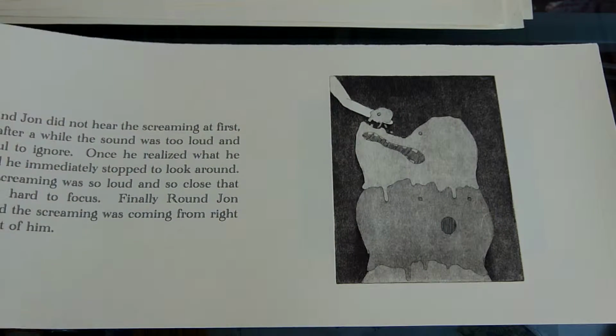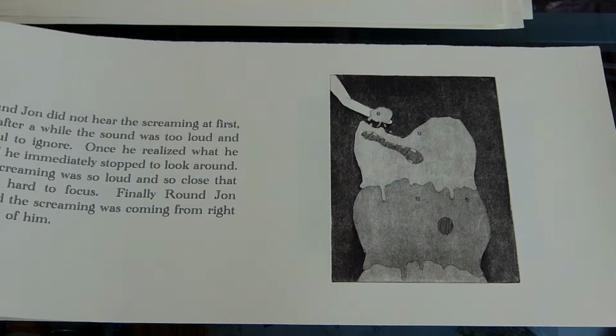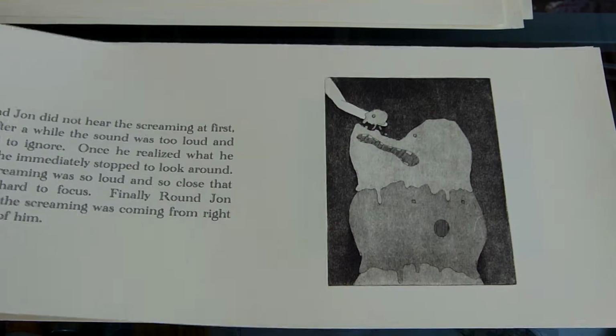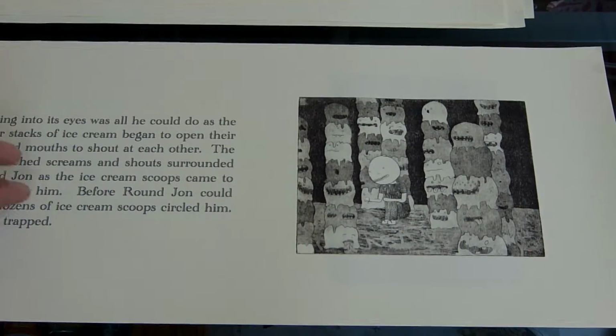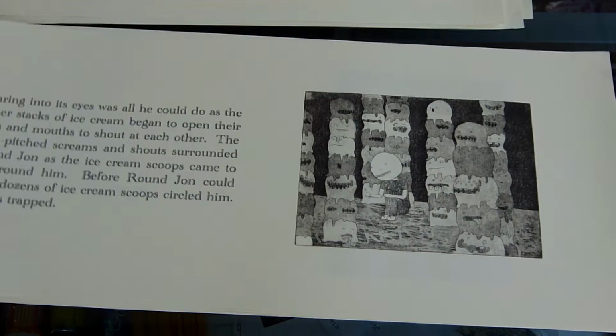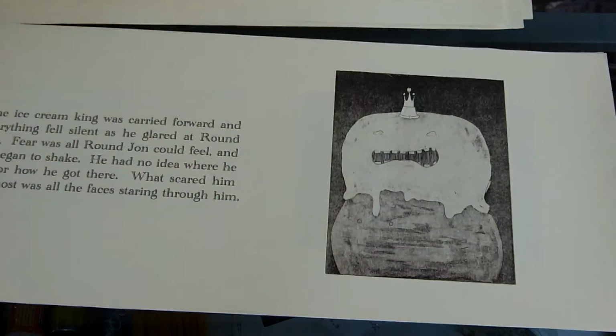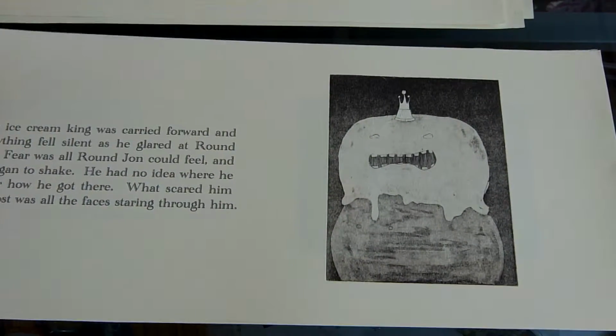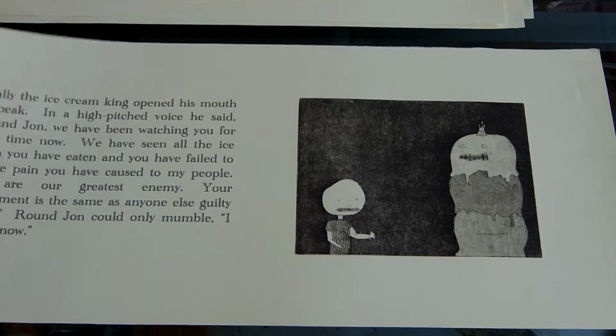And it turns out that his obsession turned into this sort of materialized version of fear and of these sort of negative feelings, which, as you can guess, resulted in Round Jon being eaten by ice cream, that which he loved so much.